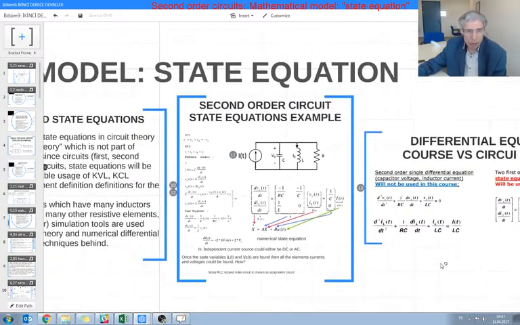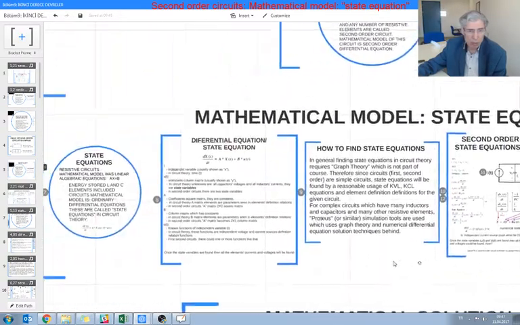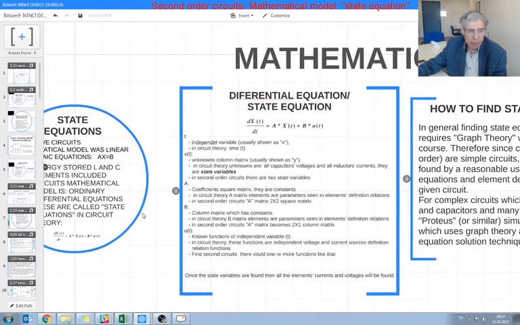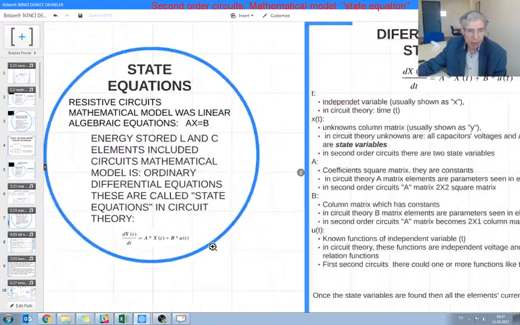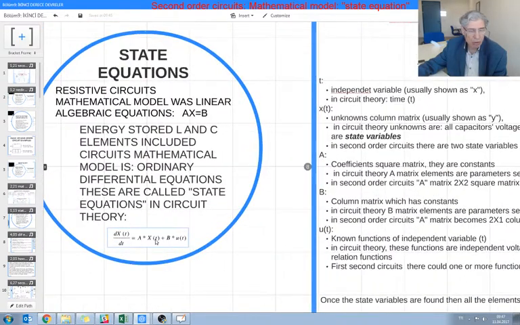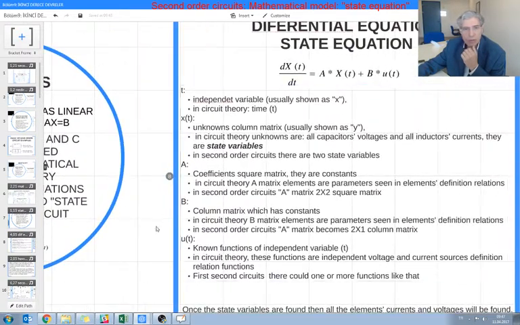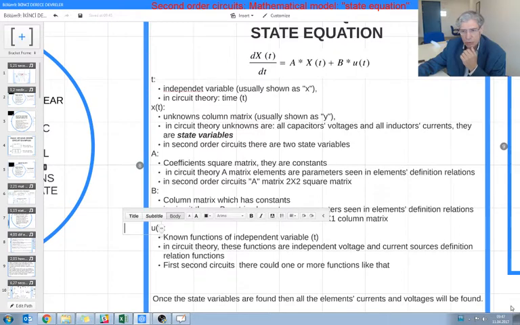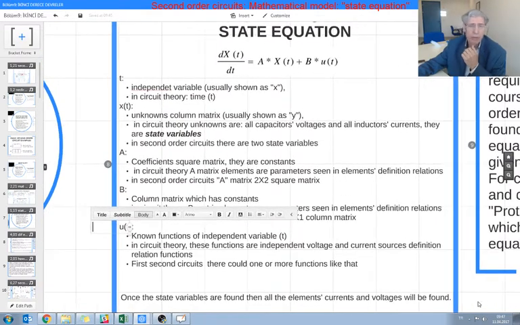Now I'll come back to our frame here. We are talking about this. If it is second order, this is going to be a second order ordinary differential equation. So the format is like that. Let's go inside this equation.